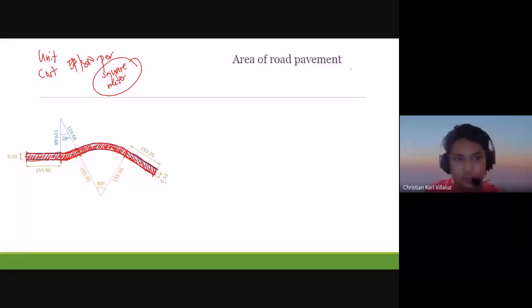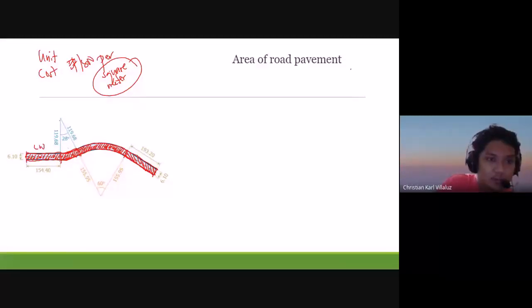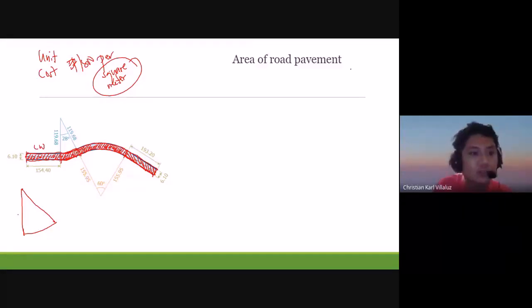For the area of the roadway, it is just length times width. But when we get to the first curve, we form two sectors. The first sector has a radius equivalent to the radius of the first curve plus an additional lane, which is 3.05.